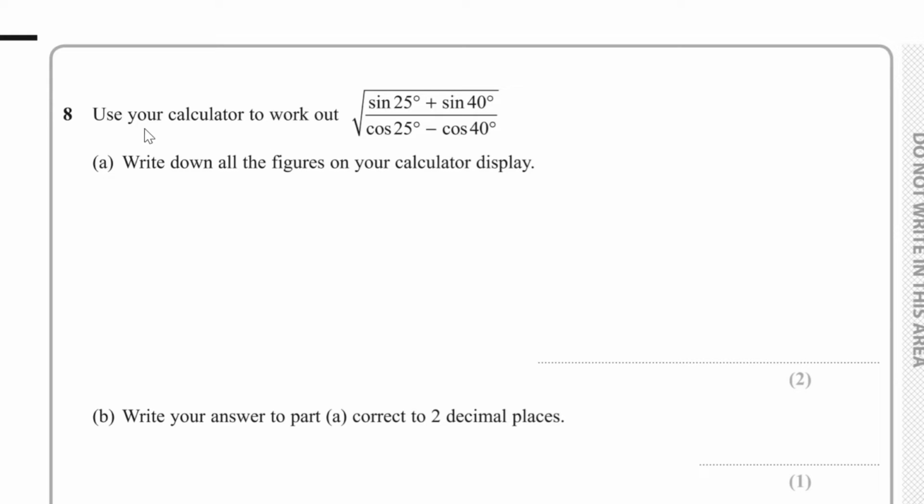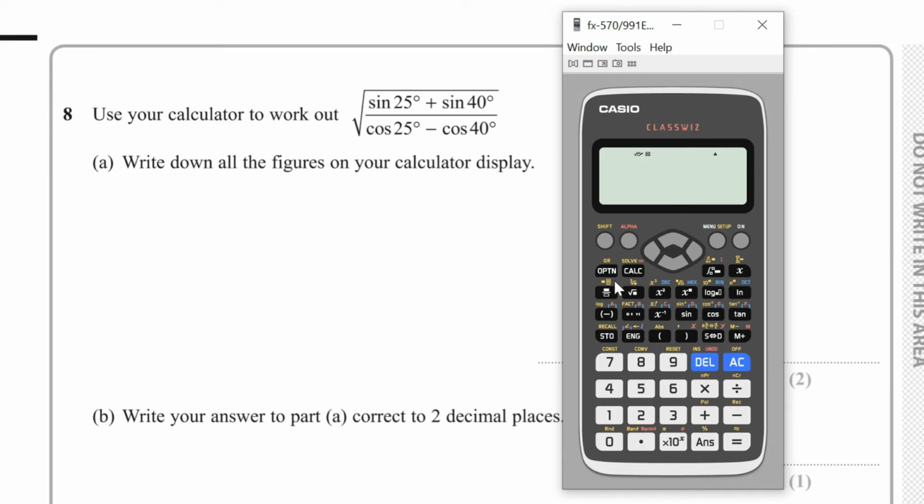Question number 8. We have to use our calculator to work out the square root of sine of 25 degrees plus the sine of 40 divided by the cosine of 25 degrees minus the cosine of 40. So, on our calculator, we type in the square root of, and then the fraction button: sine of 25 plus sine of 40 divided by cos of 25 minus cos of 40.